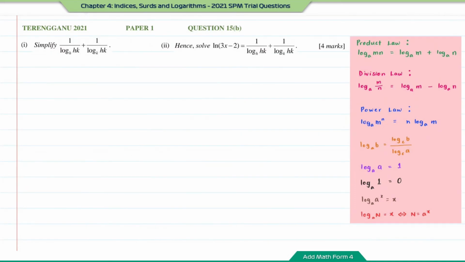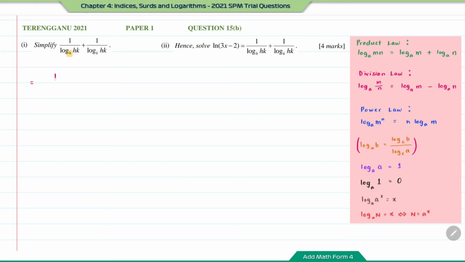Terengganu 2021, paper 1, question 15b. So number 1, simplify the logs here. Number 2, and hence solve the equation of the log given. So for question number 1, first, I'm going to change this log base h into log base k so that I can have the logs in the same base using the law here.